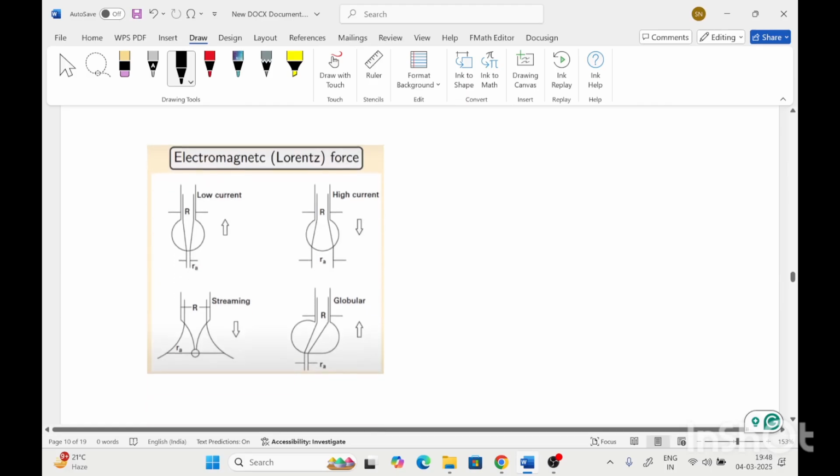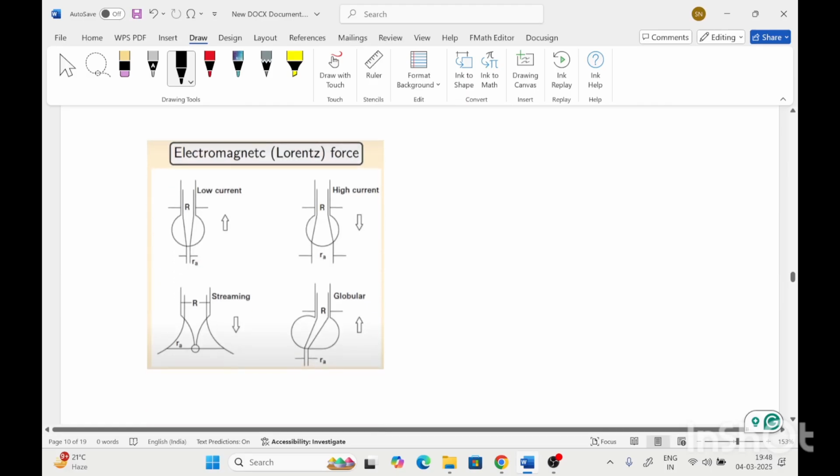So here we can see what the droplet shape will be for different Lorentz force. For a low current, the RA is smaller than the capital R, so the droplet will not detach from the electrode.